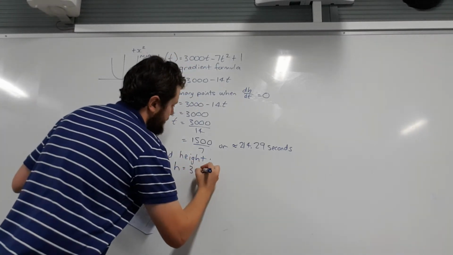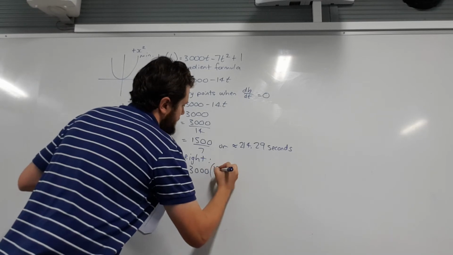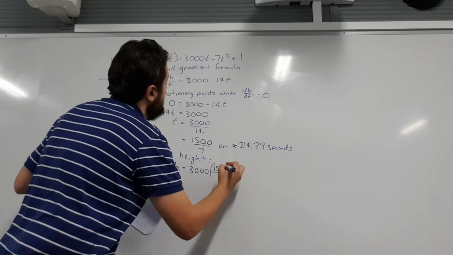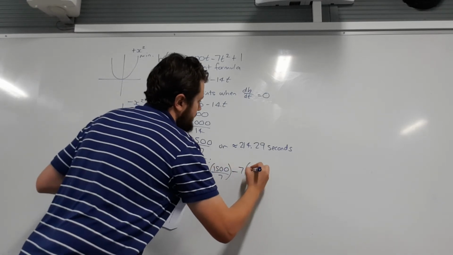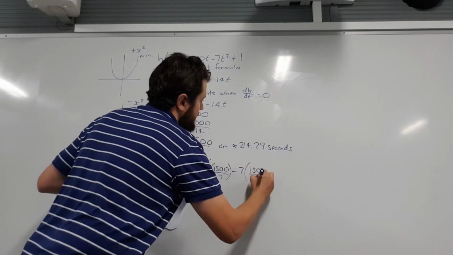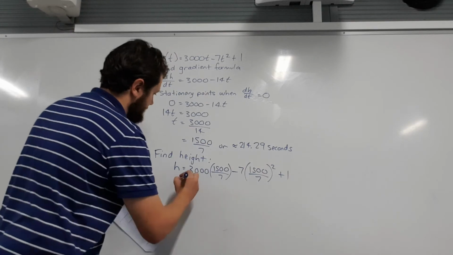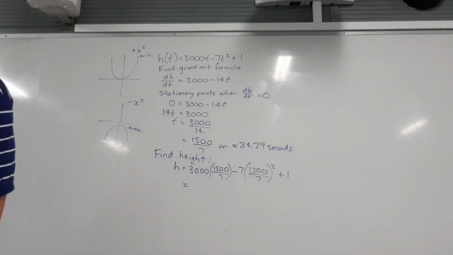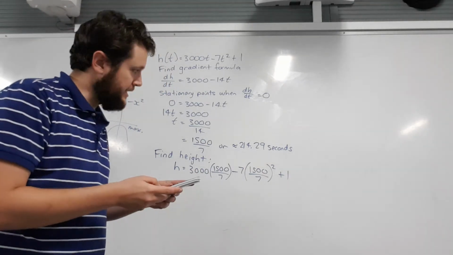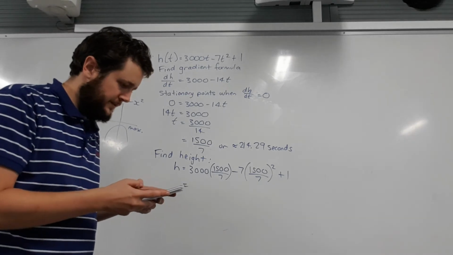H is 3000 times 1500 over 7, take away 7, 1500 over 7 squared, plus 1. Now, I'm going to put that in my calculator. You can do it by hand. Why don't you do it by hand?